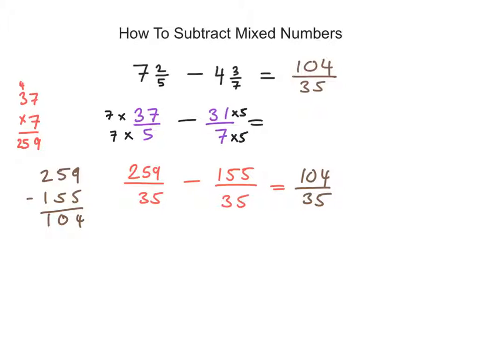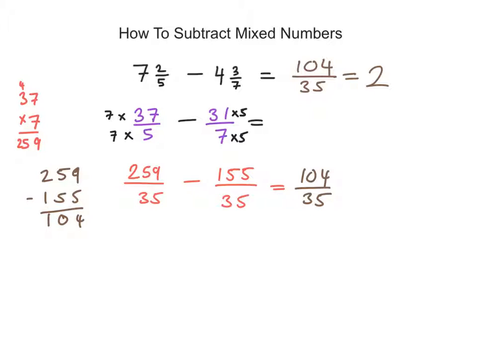Now, if I write this as a mixed number, then how many 35s go into 104? Well, clearly 2 times 35 is 70, 3 times 35 is 105, which exceeds 104, so only 2 lots of 35 go in there.